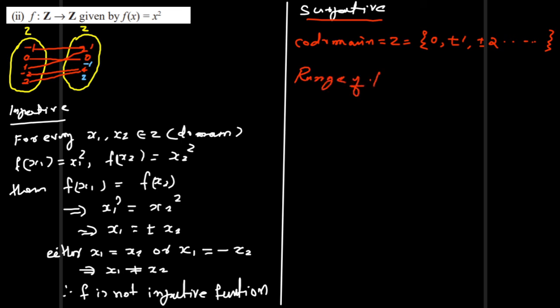Range of f is 0, 1, 4, 9, etc. So you check whether codomain and range are equal. No. So range of f is not equal to codomain.